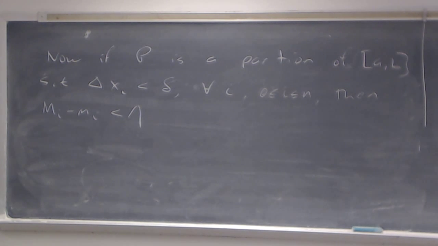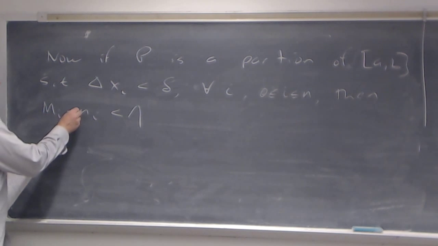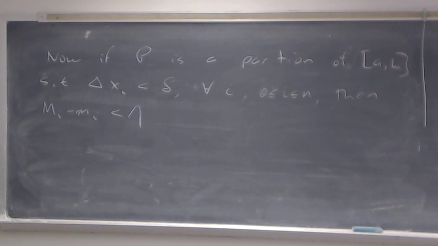Okay, that's good. So these maximum and minimum values are attained over this interval, and their difference is going to be less than eta because that distance is less than delta, because of the uniform continuity.